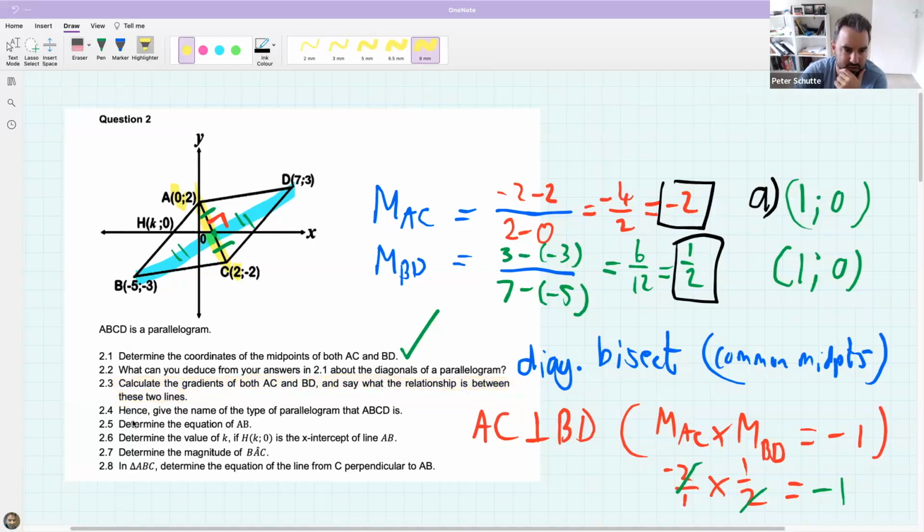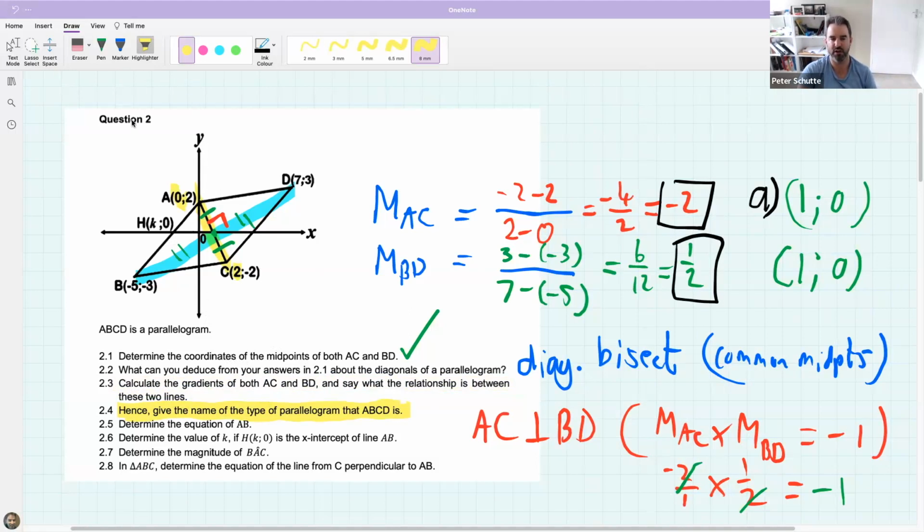So next one is, hence, so use what has come before this, give the name of the type of parallelogram that ABCD is. Okay, so they're telling you it is a parallelogram, but it's not just a parallelogram, it's a more specific type.